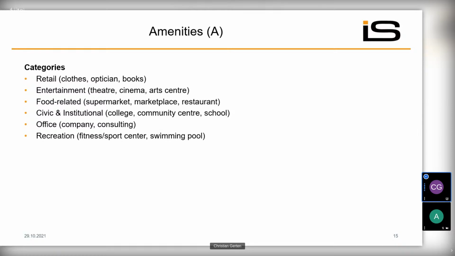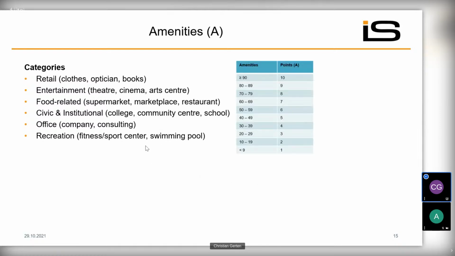Here you can see, for example, the retail category, which includes clothes, optician, books, for example, entertainment, like theater, cinema, art center, food-related stuff which is very important, supermarkets, marketplace, or restaurants, civic and institutional facilities like college, community center, schools, but also health stuff, and office, which includes company and consulting, for example, and last but not least, the recreation spots like fitness sports center or swimming pools.